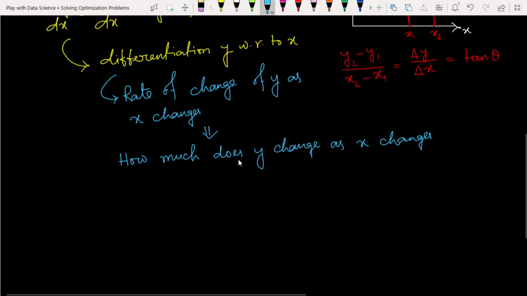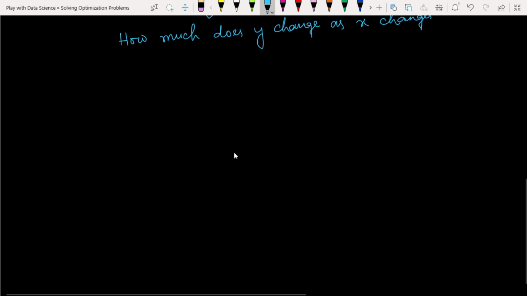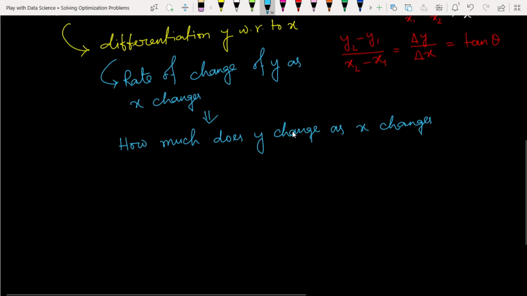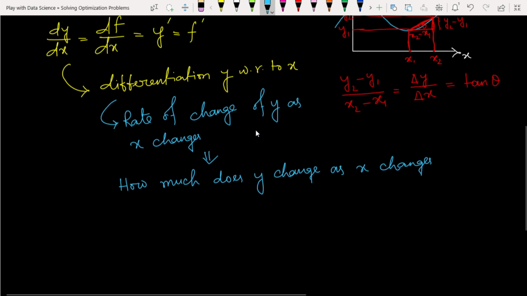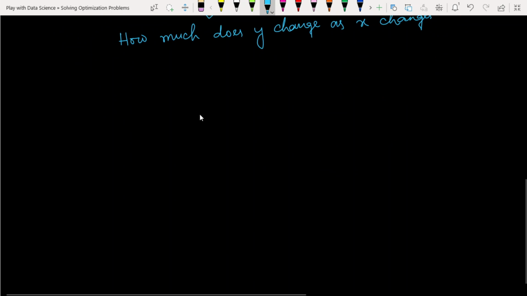Now, coming to the geometrical part of differentiation. How do we relate these differentiations with geometry? Let me redraw this picture.